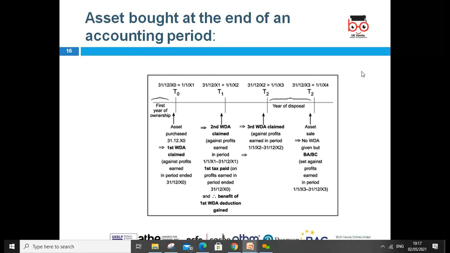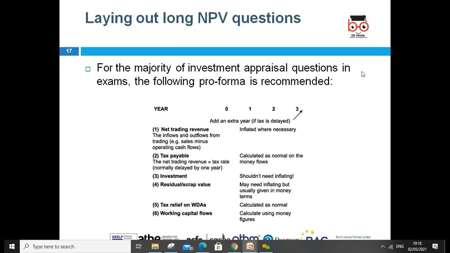Then exactly when we bought the asset, at the end of the accounting period instead of the start. So that was the date, and you need to allocate as well. It can be start and end, and we need to apportion in the year of disposal as well. We need to set a clear policy for it.